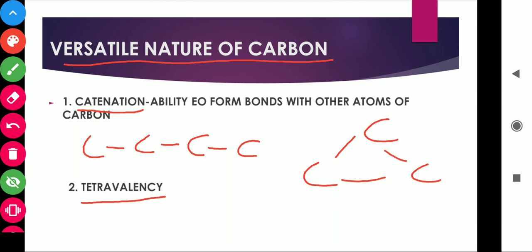It may be straight chain, it may be cyclic, or it may be branched. You can see it may contain single bonds, sometimes double bonds, and this is the property of carbon that it forms bonds with other atoms of carbon.